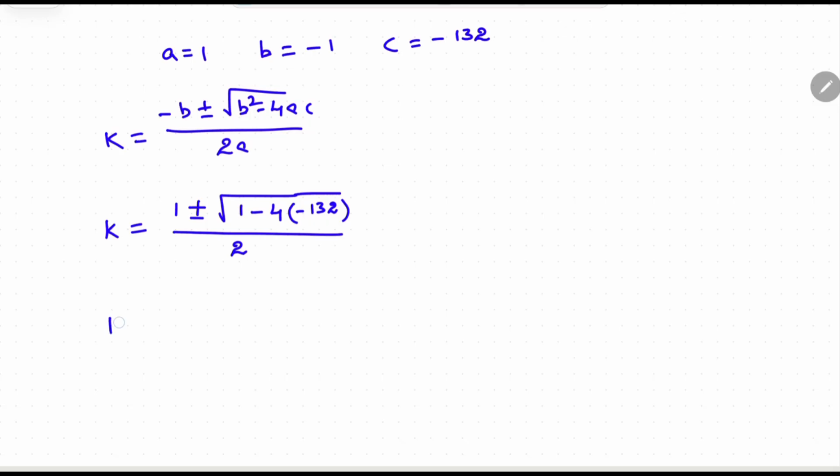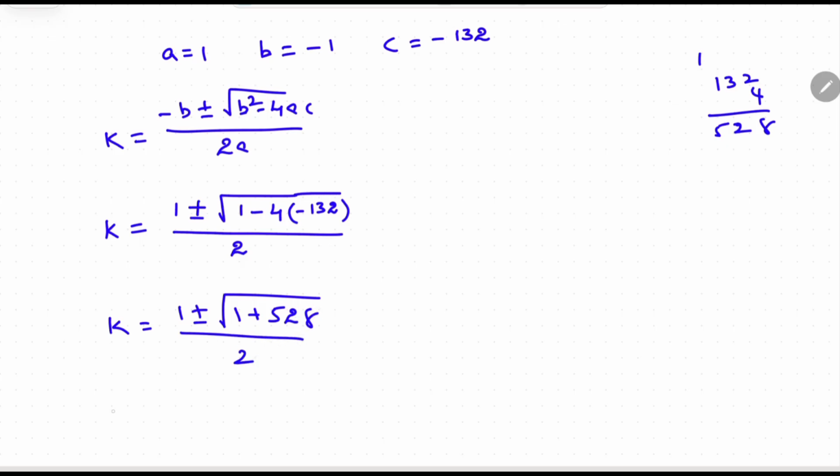K equals 1 plus or minus root of 1 minus into minus plus. So 132 into 4: 4 2s are 8, 4 3s are 12, so 528, by 2. Therefore k value will become 1 plus or minus root of 529 by 2.